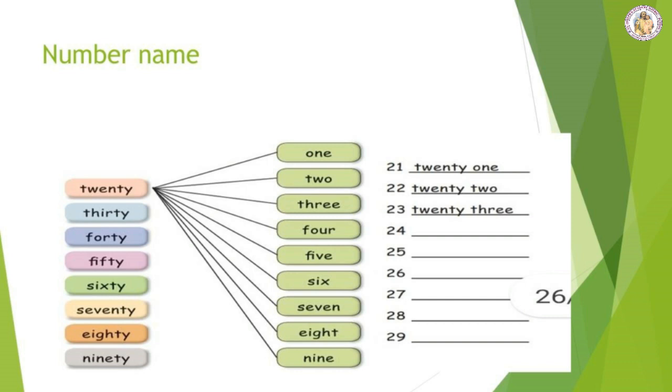Hence, we shall write the number names like this: 21, 22, 23, so up to 29. And you know that is 30. Likewise, we can write the number names for numbers up to 99 using the above example.